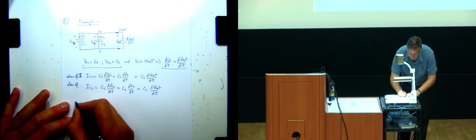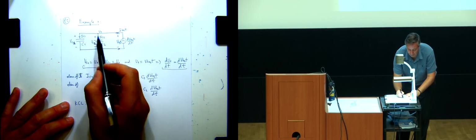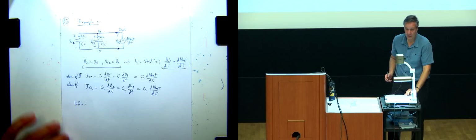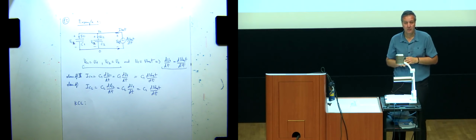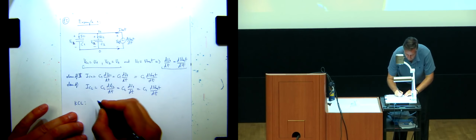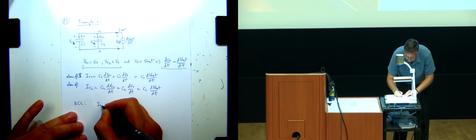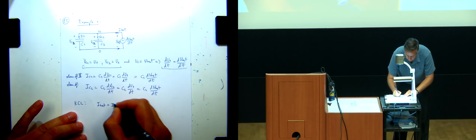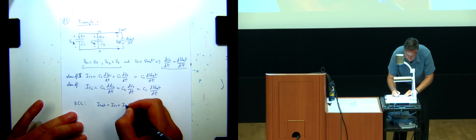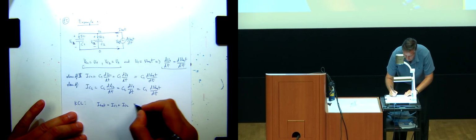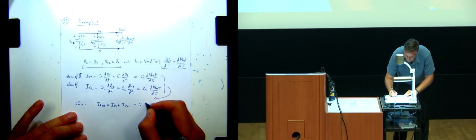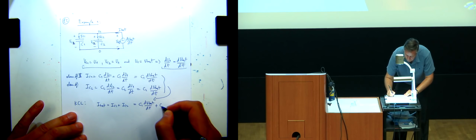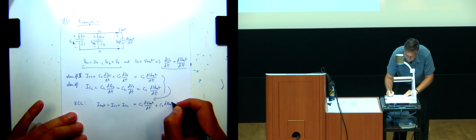Okay. And then finally I can write KCL for node U1. How does that one relate all the currents? Okay, so I test equals IC1 plus IC2. Okay, and then we'll just substitute these two over here. So it's C1 dV test dt plus C2 dV test dt.